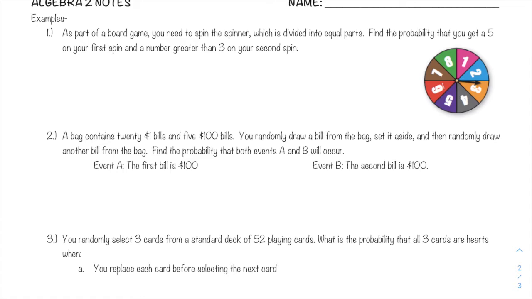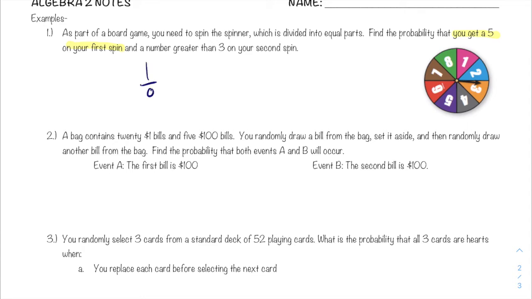So this is going to be an independent event, and so we're just going to simply multiply the probabilities of each one happening. So you do this one at a time. So we're going to first do, you get a 5 on your first spin. Since there are 8 numbers, the odds of getting any one of the 8 numbers, like a 5, is going to be 1 out of 8.